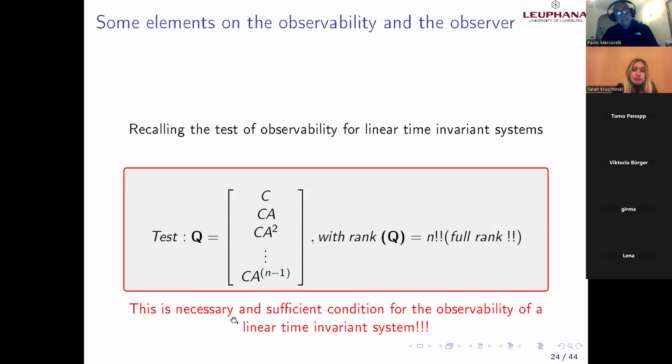This means that if we have rank equal to n, it's sufficient to say that the system is observable. Or better to say, the model of the system is observable. Please pay attention to these differences in the language. The model of the system is observable. Why? Because we test through matrices A and C, which is the model, not the system.